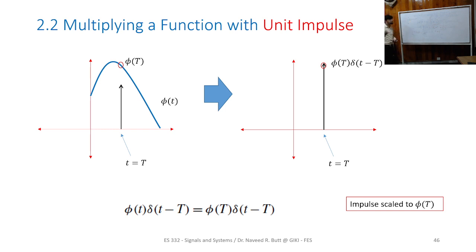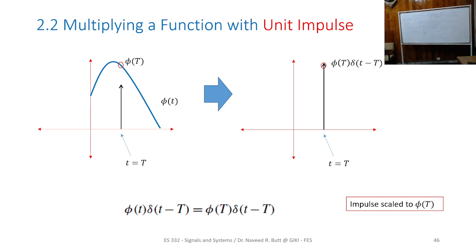Now we know only two properties of the delta function by which it is defined: delta t equals 0 for t not equal to 0, and minus infinity to infinity delta t dt equals 1. The problem we have now is that this part is not exactly this thing. So how do you prove that this is also 1?